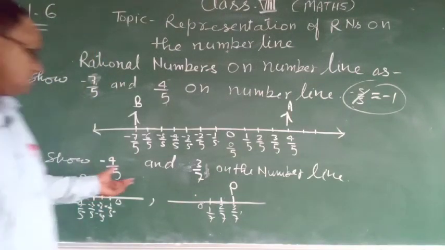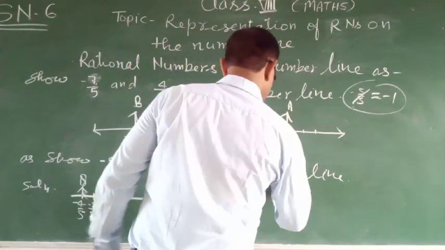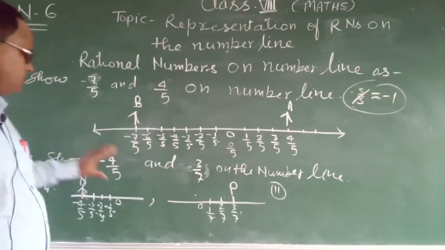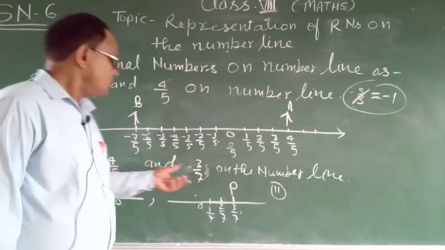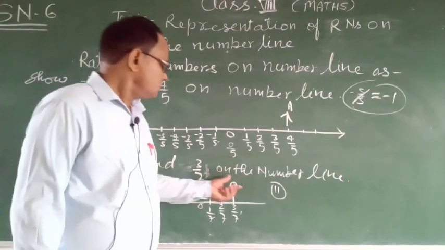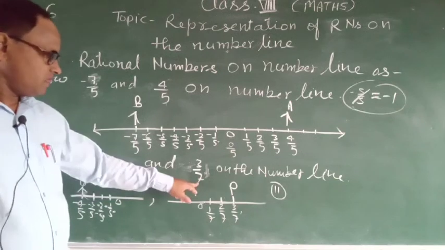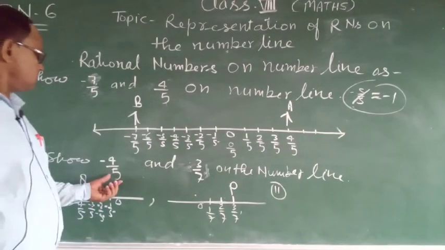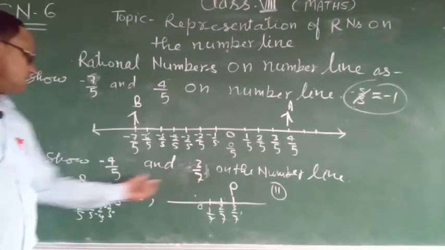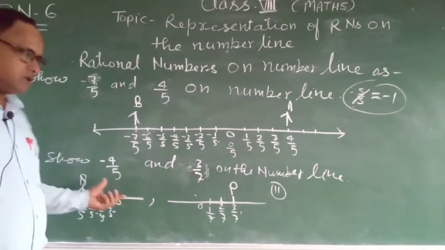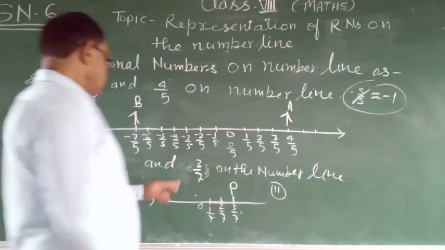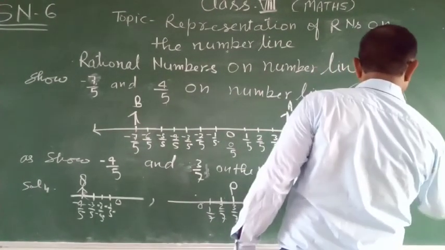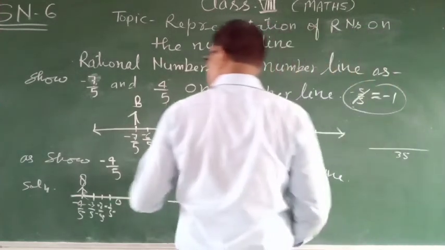If I want to show them on one line, in this case we make the denominators the same by taking the LCM. Here 7 times 5 is 35, the LCM.